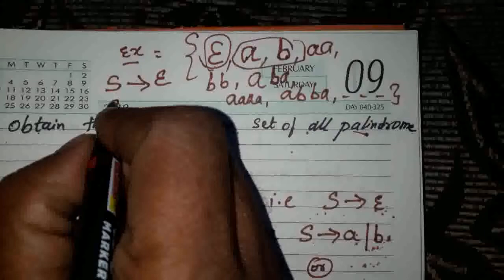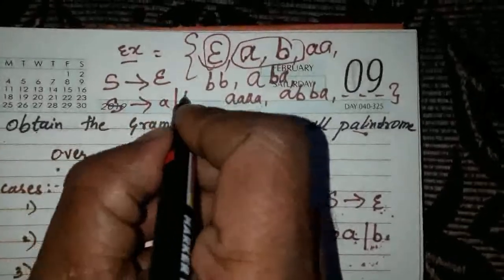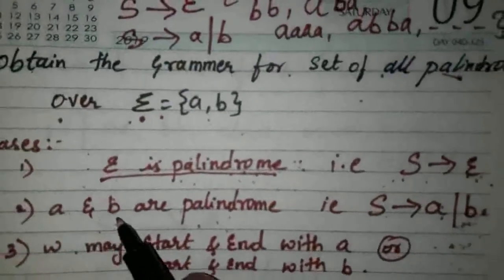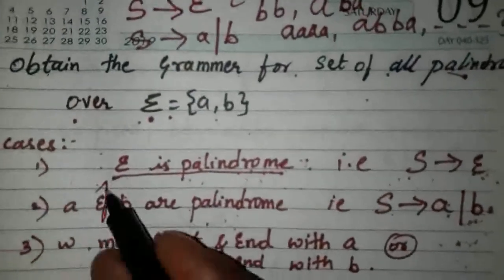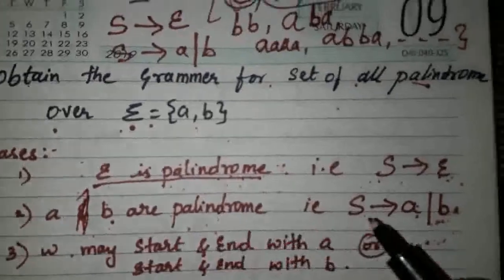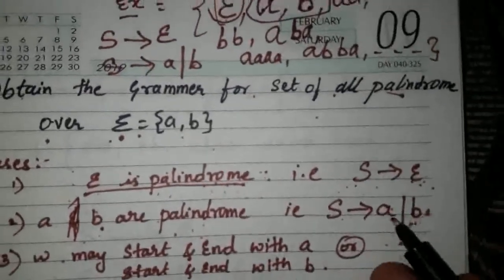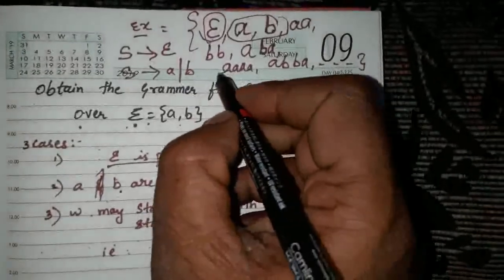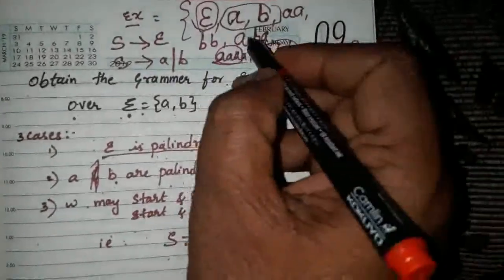That can be written as S → a | b. Now, let us go to the combination of the strings like this.